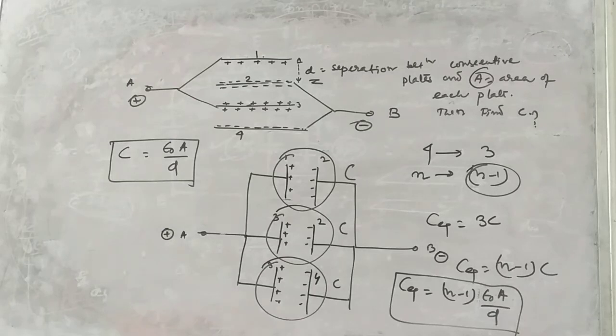From 4 plates we have 3 capacitors, from 5 plates 4 capacitors, from n plates n minus 1 capacitors, and the equivalent capacitance becomes (n minus 1) into C. C is the capacitance of a single capacitor of the combination. This is a very important problem, and you have to understand it very carefully.